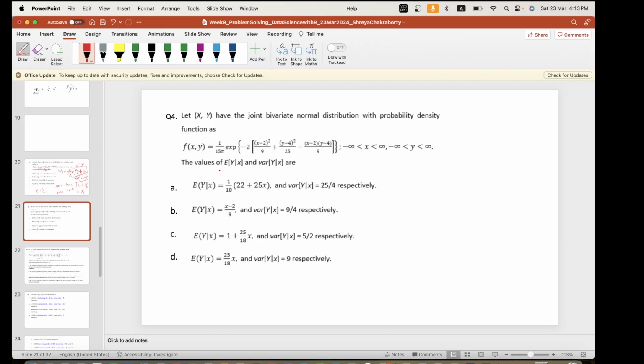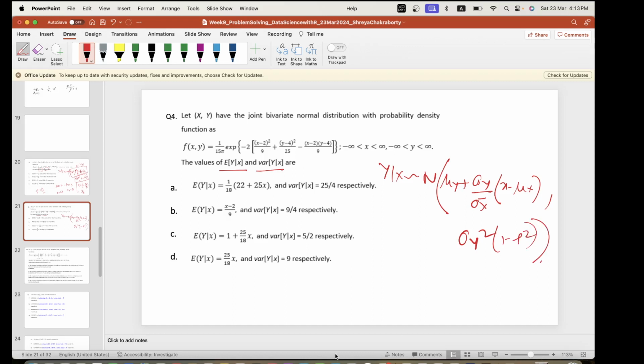Here again, expectation of y given x, variance of y given x. Same thing, y given x follows normal, and this would be mu y given x. So mu y plus, given x, so x will be down, sigma y over sigma x times x minus mu x, and sigma y square times 1 minus rho square.